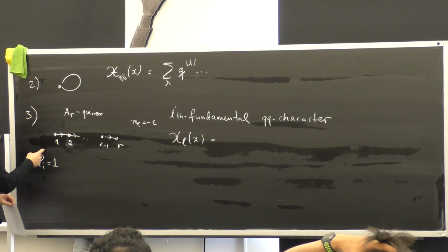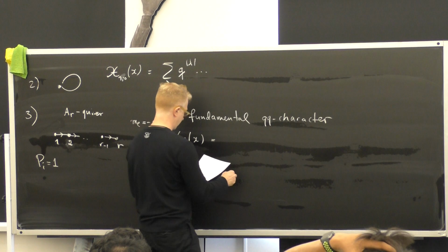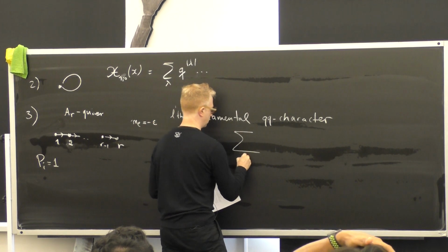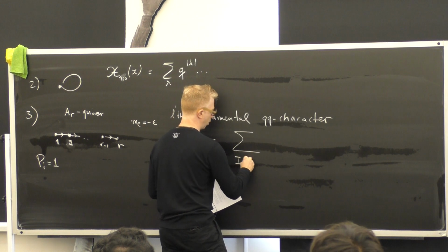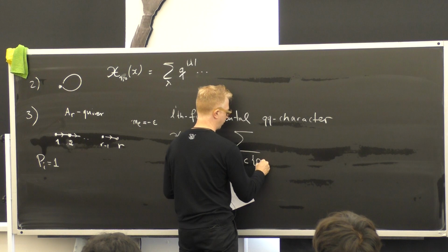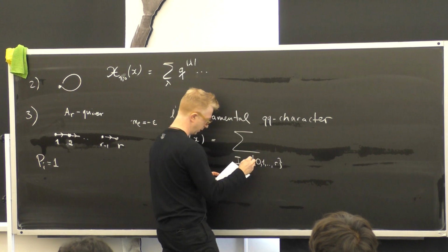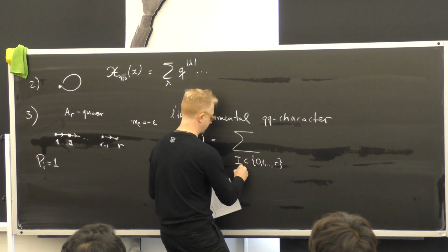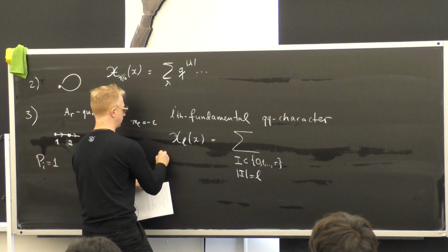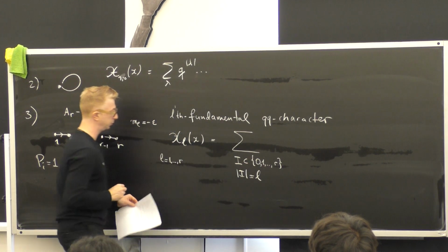So you can find the general formulas in my papers. And it's the sum over all subsets I of the set 0, 1 up to r of cardinality L. So L goes from 1 to r and I is allowed to contain 0.